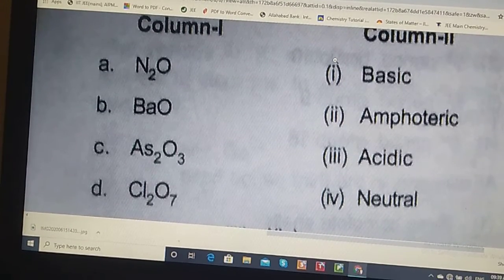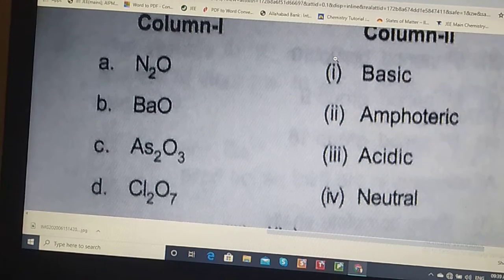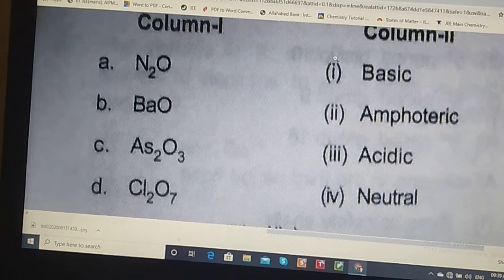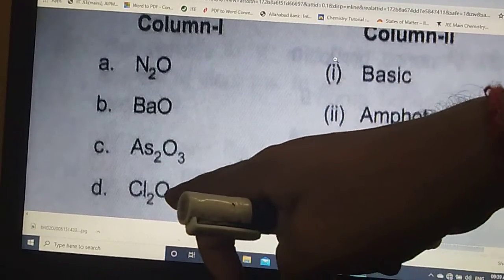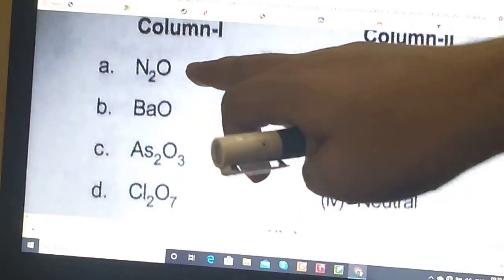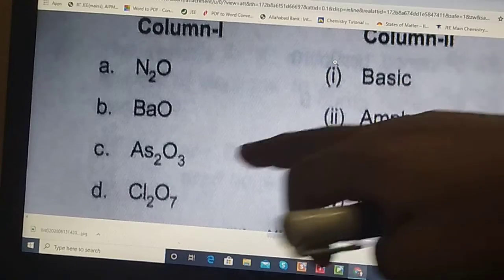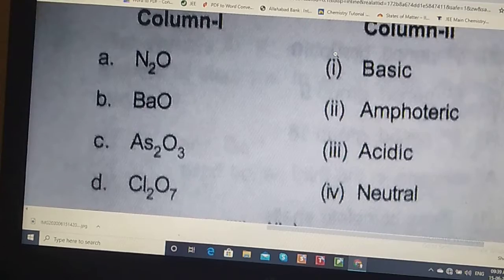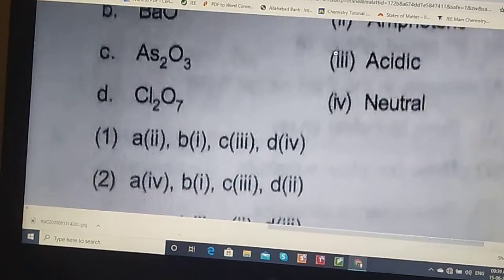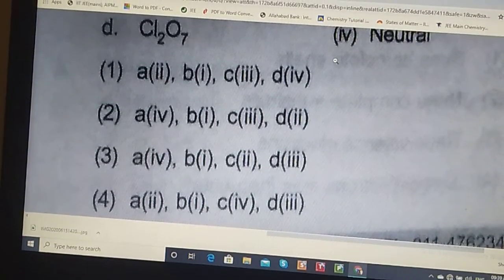Now the third option, arsenic oxide As2O3, is amphoteric, student. Arsenic oxide, aluminum oxide and B2O3 are amphoteric. And the last one, Cl2O, has more oxygen, so it is acidic. So neutral goes to fourth, barium oxide is basic, that is 1, this one is amphoteric, and this one is acidic. So the correct option is 4123, which is option number 3.